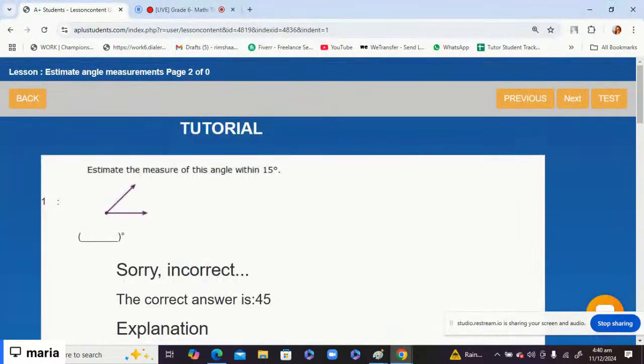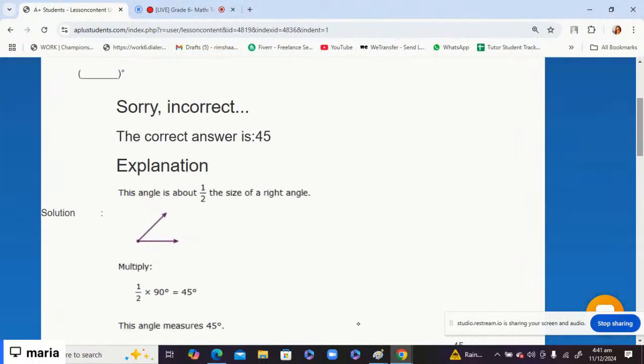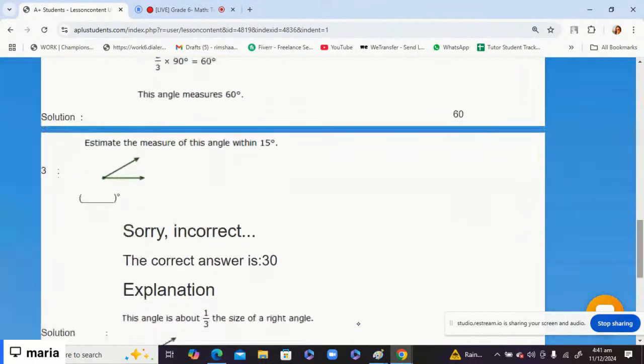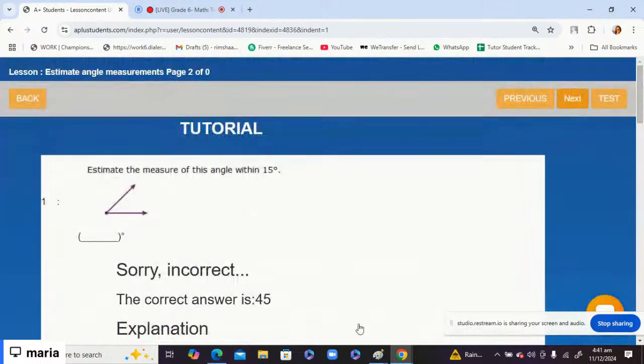Okay, so this is 1 by 2 and then 1 by 3 part of 90.